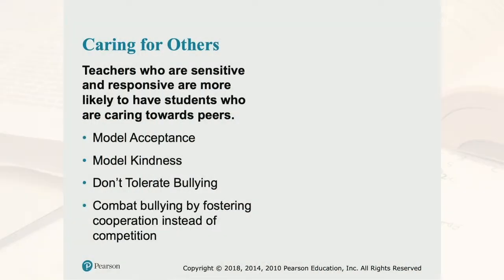Not tolerating any type of bullying is huge. I know a lot of times in the education system, adults want children to exert their independence and solve those problems for themselves. So in those situations where somebody is being unkind or hurtful, often the educators put it back to the child to solve that problem.